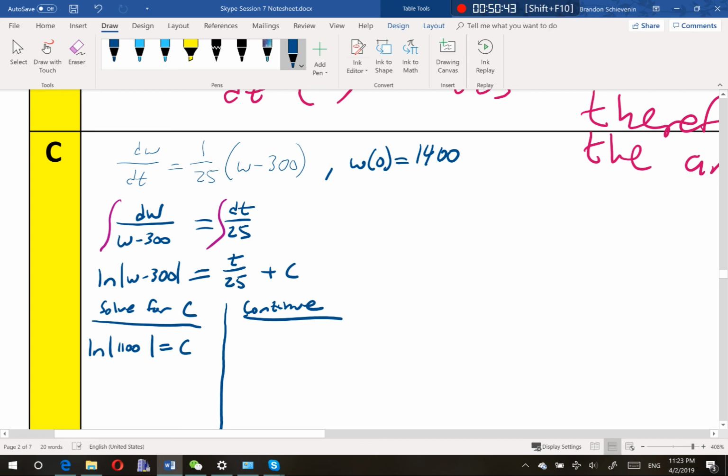Okay, so if I continue, this will be the natural log of w minus 300 is equal to t over 25 plus natural log of 1100. Okay, what do I do from here?